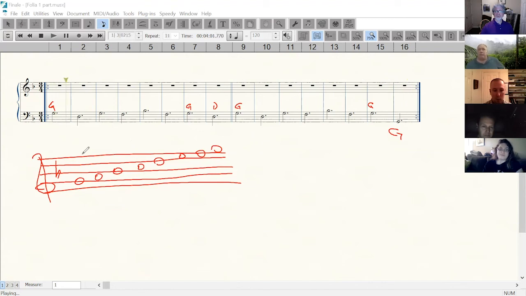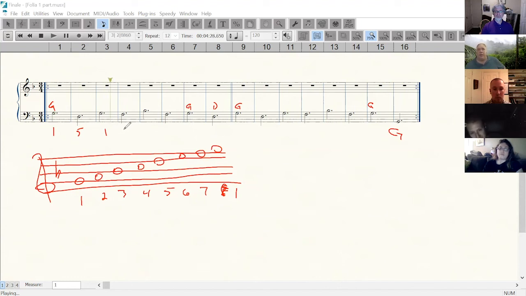So, if I was going to give these notes numbers, this would be 1, this would be 2, this is 3, this is 4, this is 5, 6, 7, and 8. Or actually, I should go back to 1 there anyway. So look at what he's doing here. He's doing 1, 5, 1. I'm saying he, it could have been a she. Who knows who wrote this?